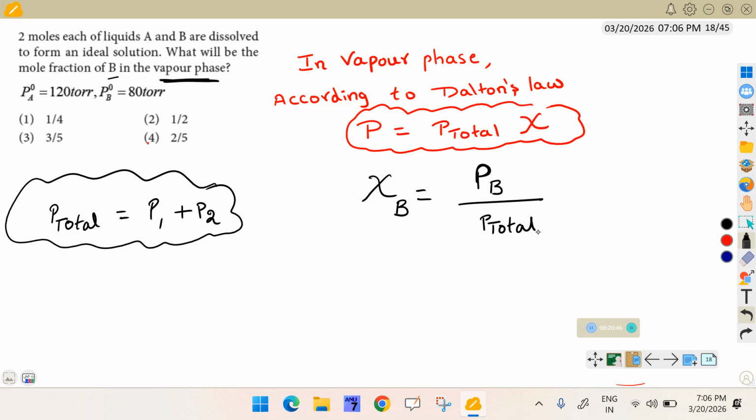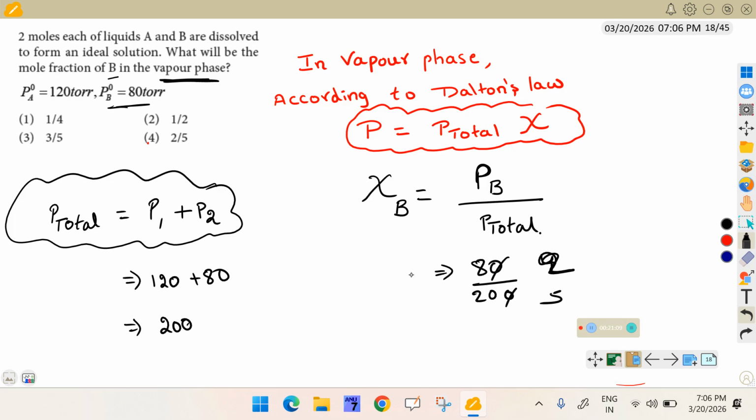First calculate total pressure. Total pressure is equal to sum of the partial pressures, 120 plus 80, which is 200. Total pressure is 200. Partial pressure of B is 80. 80 by 200. Simplify: 4 times 2, 4 times 5. 2 by 5 is the correct answer.